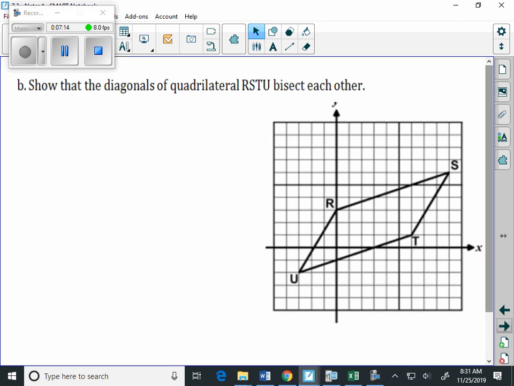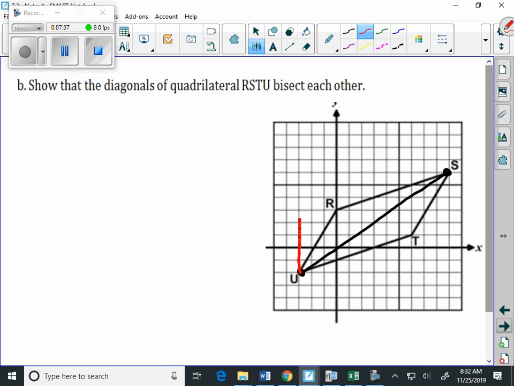So what we're going to do, again, we want to find the midpoint of US here, for starters. And I don't want to graffiti up the picture too much, but what we did is we counted from low to high. So it's still kind of a triangle idea here. What we did is we went from here to here.